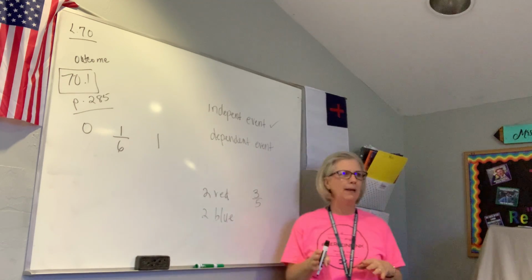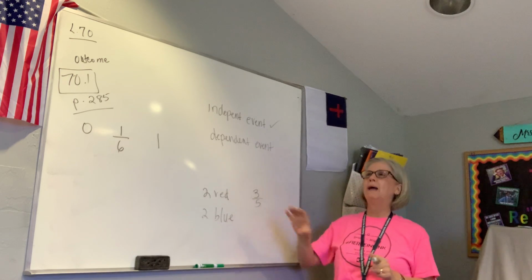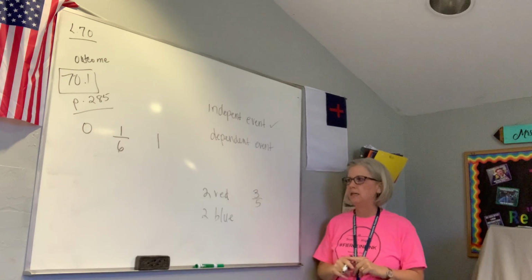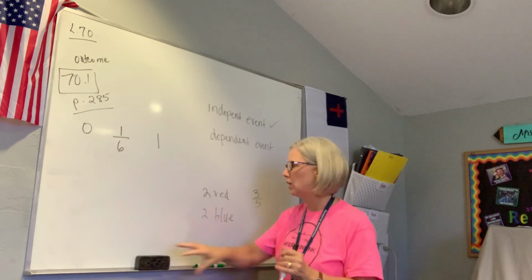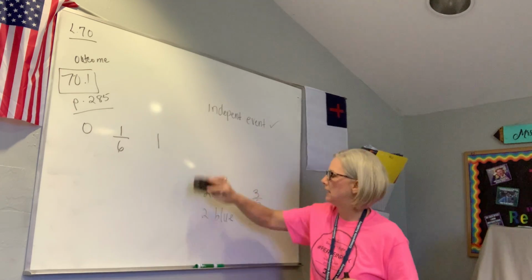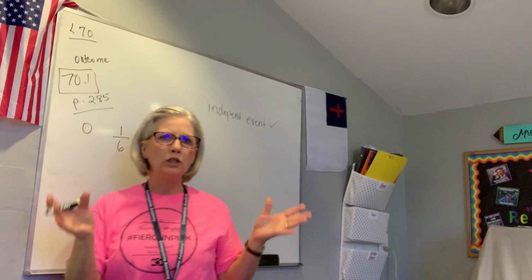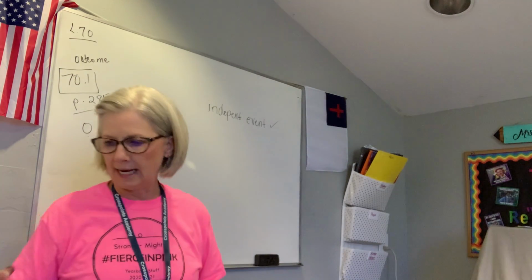But that becomes a dependent because, well, it's actually still independent, isn't it? Because I'm asking the question based on how many are in there. So we're not even going to be looking at dependent events today. We're only going to be looking at independent events where nothing I do affects what I pull out of that bag or what I roll on my dice.